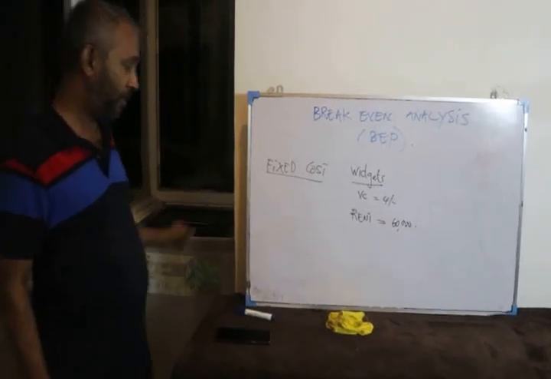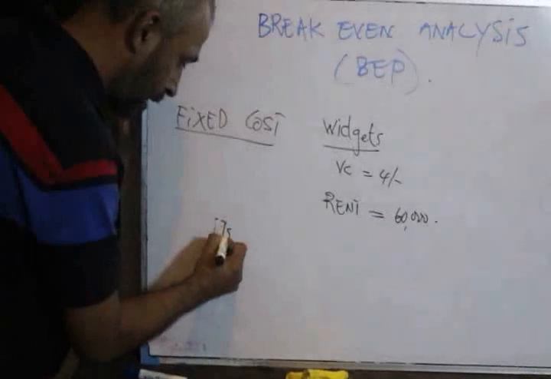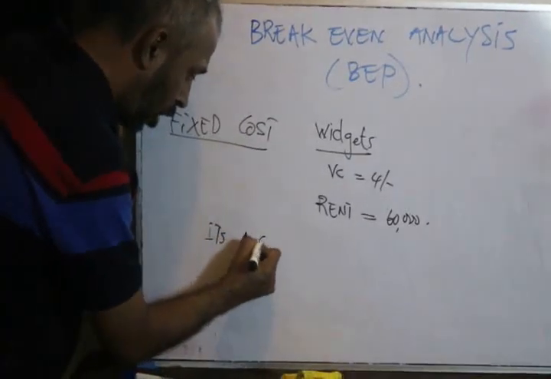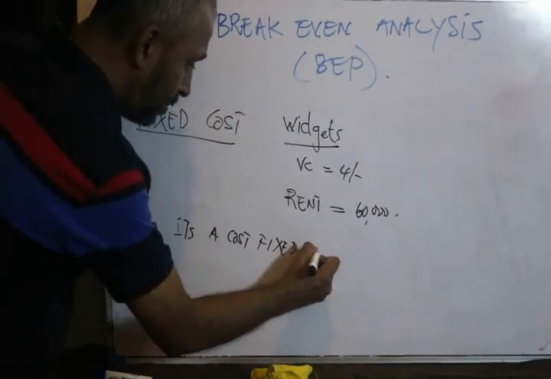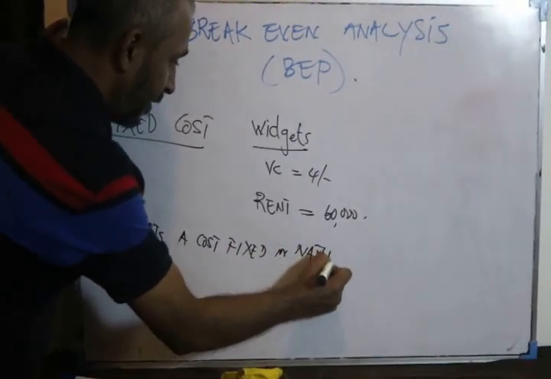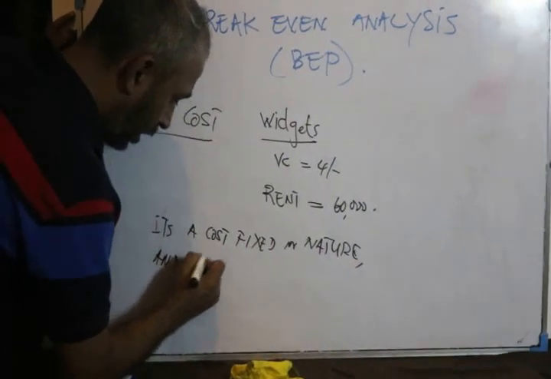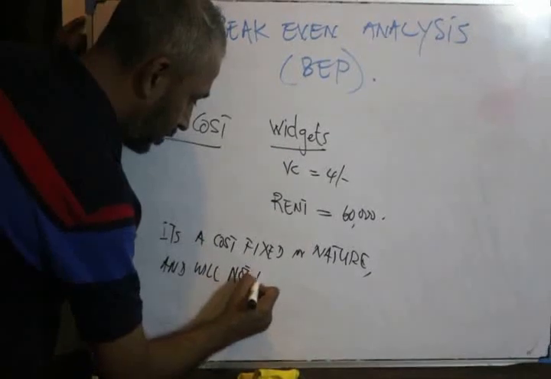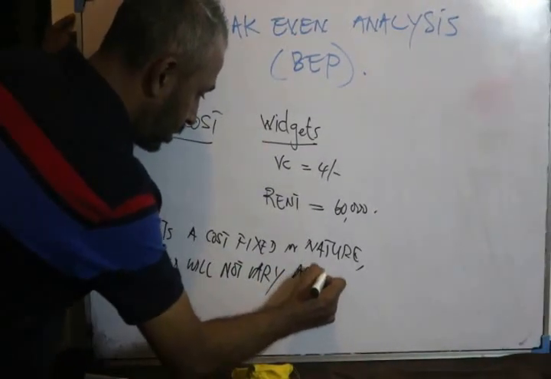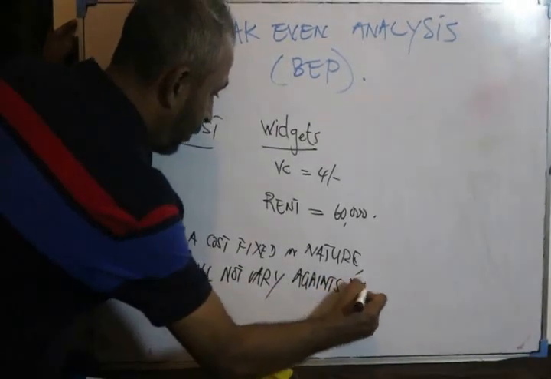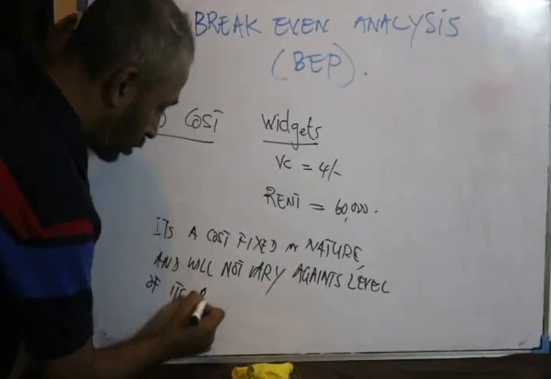So therefore, the meaning of the fixed cost is cost fixed in nature, and will not vary against the level of its outcome.